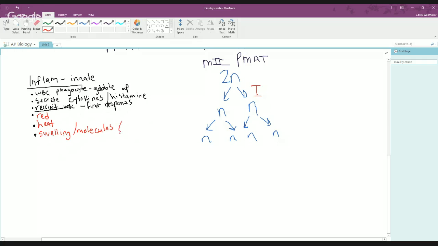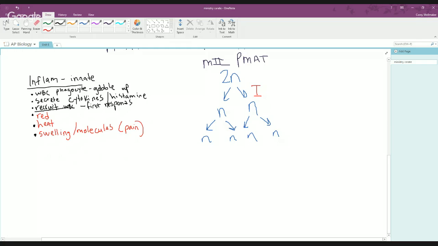So a combination of the swelling and the molecules secreted by the immune system causes pain. Am I missing something? Probably. But these are some of the major symptoms of the inflammatory response.